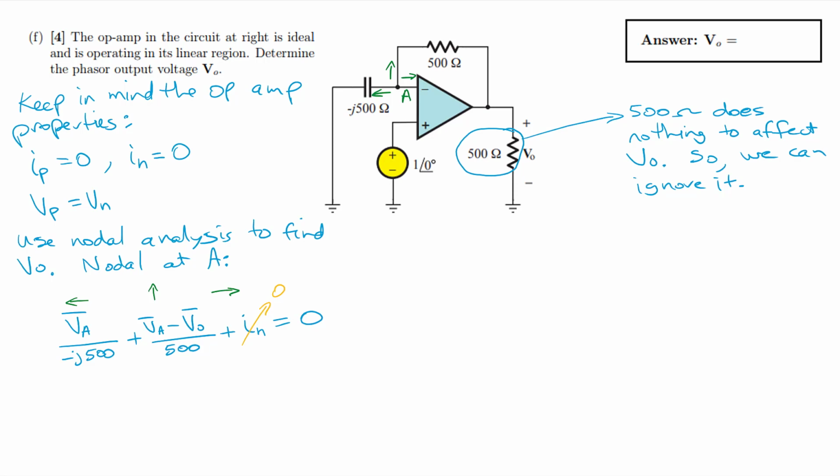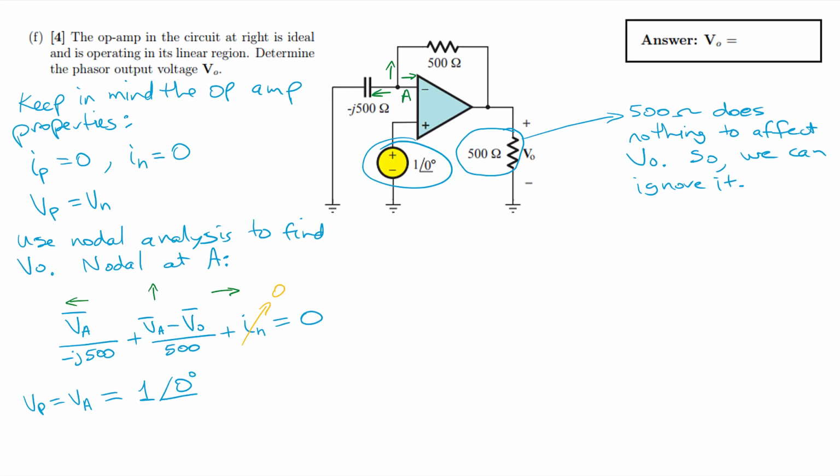Okay, so now what do we do? Well, we actually know what VA is because of Vp being equal to Vn. We have a value for Vp, and that's right here. So Vp is equal to VA because of the virtual short circuit from negative feedback, and that is equal to 1 volt with a phase angle of 0 degrees.